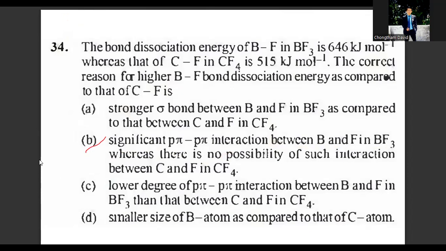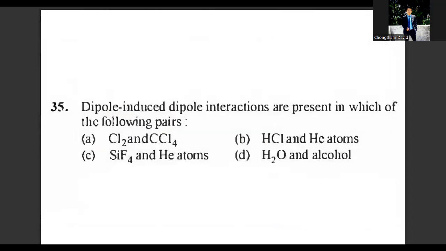I hope it is understood. Let's move on to the next question, number 35. The dipole induced dipole interactions are present in which of the following pairs? This type of attractive force operates between polar molecules having a permanent dipole moment and molecules lacking a permanent dipole.